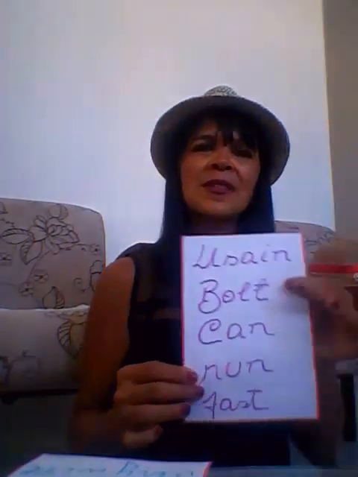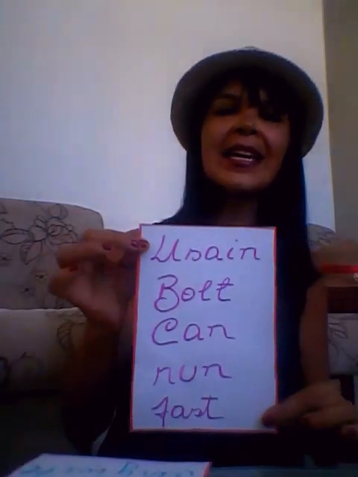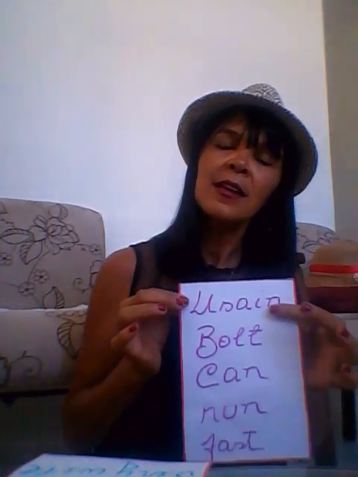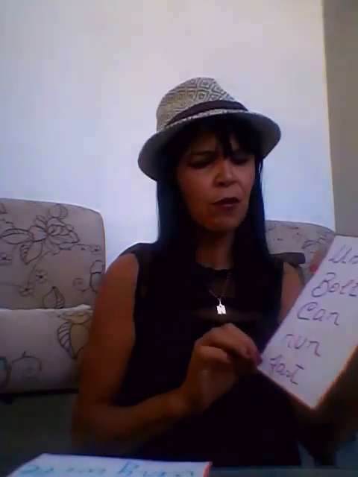Another example that I can bring for you right now is about another athlete whose name is Usain Bolt. You remember Usain Bolt, don't you? Usain Bolt can run fast. He is an excellent runner.